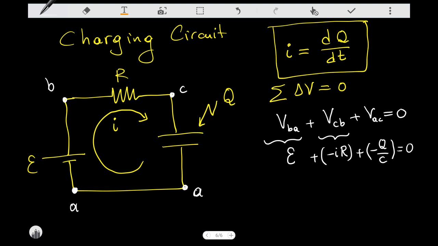Or if you want to, you just write down the expression for VCA. You just say that VCA is equal to Q divided by C. That's basically the capacitor equation. The charge on the capacitor is equal to capacitance times the potential difference across the plates. So as a result, you just write it down like that. So therefore, this is our circuit equation. This is the loop rule equation.